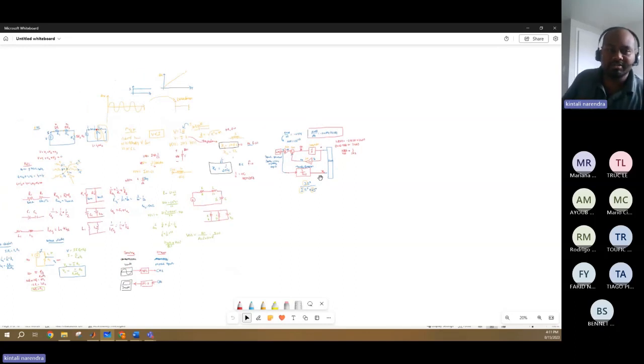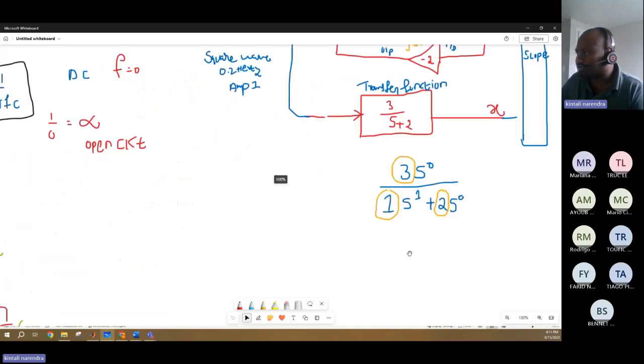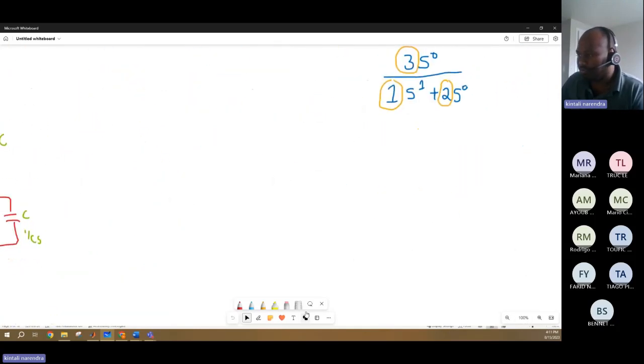If you take any of these brushless DC motors or permanent magnet synchronous motors, the torque equation is given by this simple formula, which says the torque developed in the motor is equal to the magnetic flux developed by the current flowing through the stator.